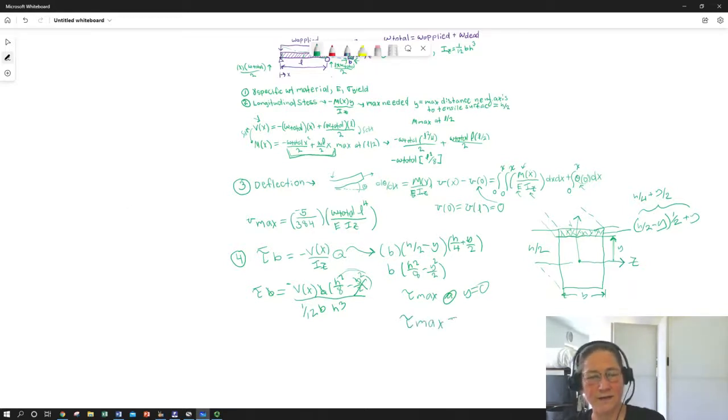So our tau max is going to be V max, which we'll see right adjacent to the supports, times h squared over 8, divided by 1/12 bh cubed. This will probably get retained in our moment of inertia expression, but you can see that we're going to end up knocking off one of these.